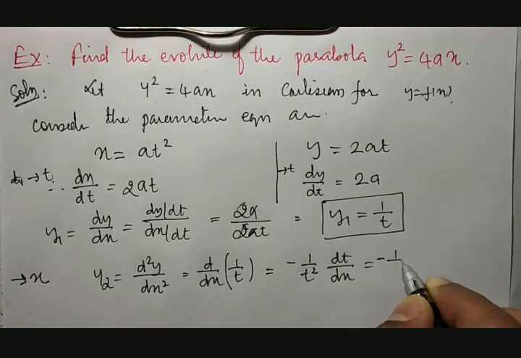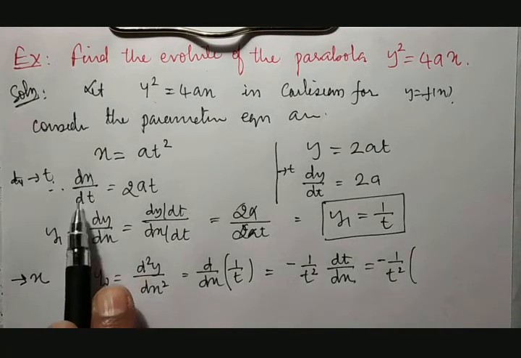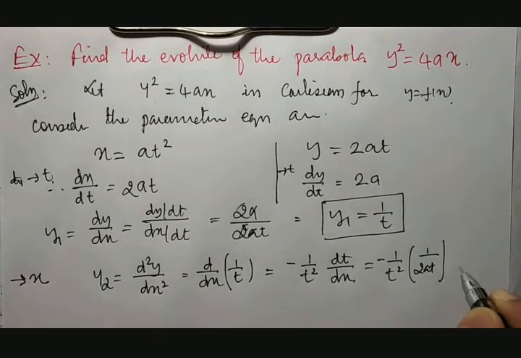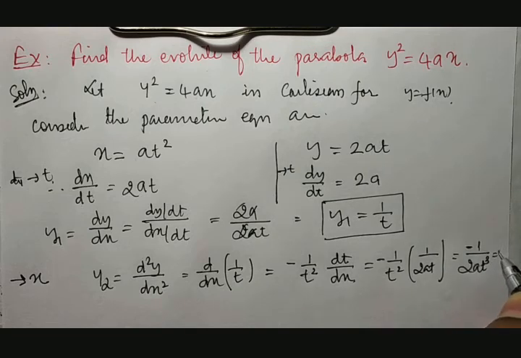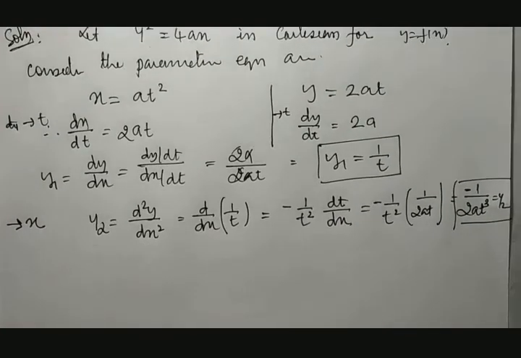Therefore, minus 1 divided by t square into dt by dx. We have dx by dt, so dt by dx will be 1 divided by 2at. Therefore, which is nothing but minus 1 divided by 2a t cube. This is y2. So we got y1 as well as y2.